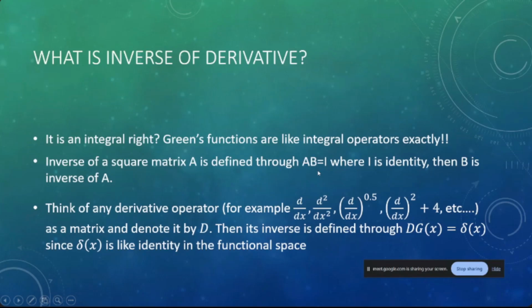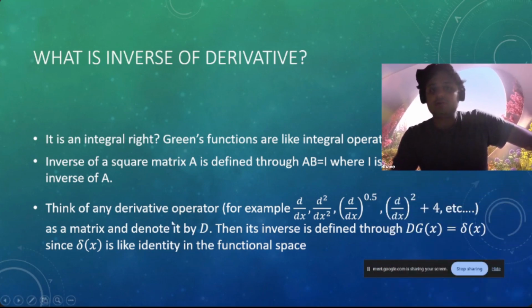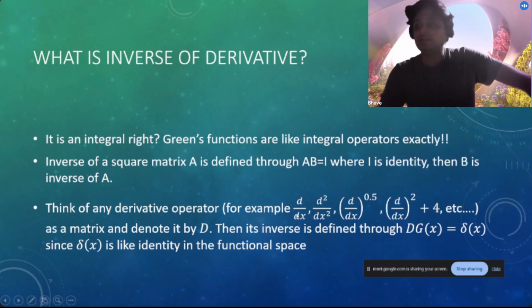And that is how you define it even for numbers. For example, A times B is 1, then B is inverse of A. Similar thing will happen here. You will think of these derivative operators as basically matrices that will act on this g of x to give a delta of x, and this delta of x is like the identity in the functional space.